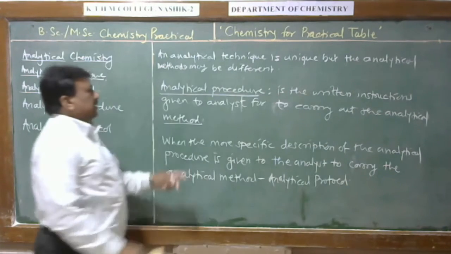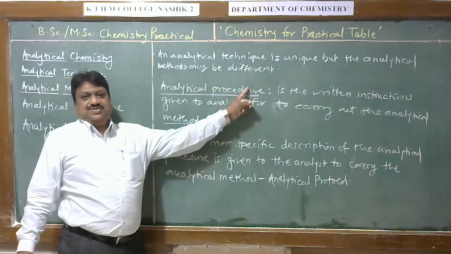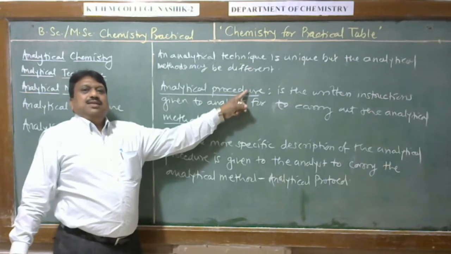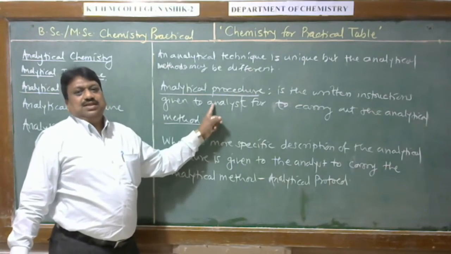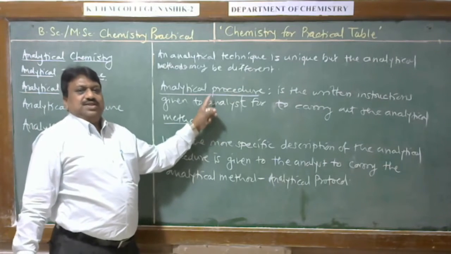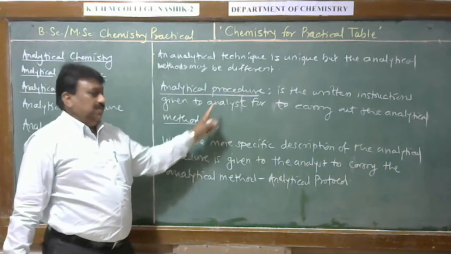That means here analytical procedure is the written instructions given to the chemist: heat the sample, then dissolve it into suitable solvent and titrate it with the acid solution. Such a type of instructions means this is an analytical procedure.